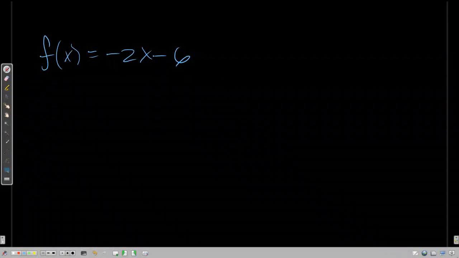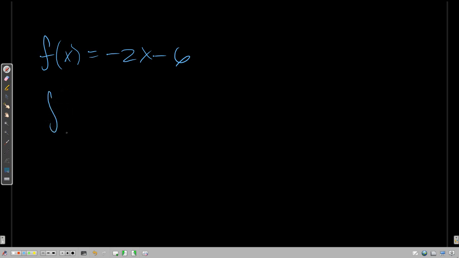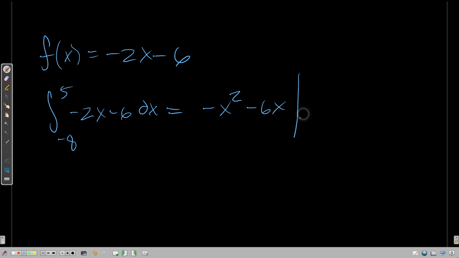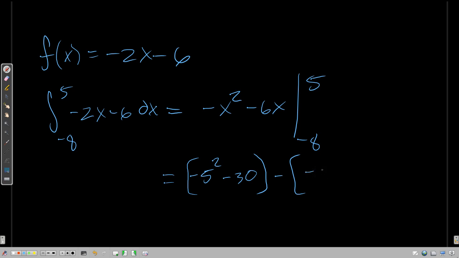So integrate from minus 8 to 5 of minus 2x minus 6. And then we'd have a minus x squared minus 6x evaluated between minus 8 and 5. So then you do the top minus the bottom. So it's minus 5 squared minus 30. That's my top minus the bottom. You would get minus 64 plus 6 times 8, which is 48.